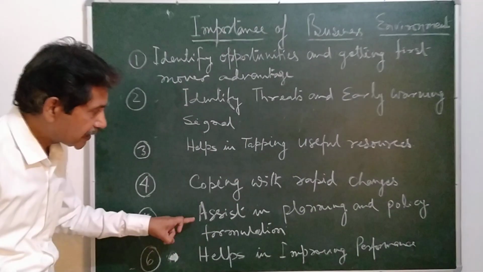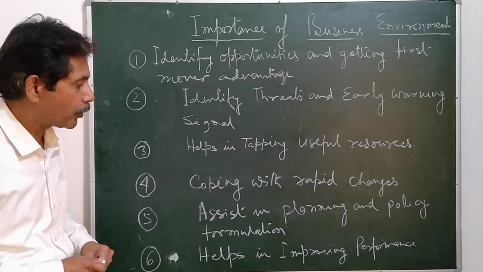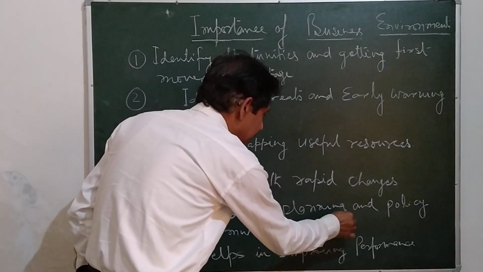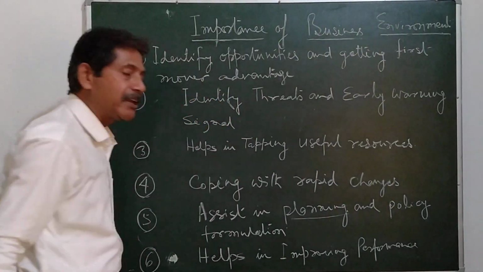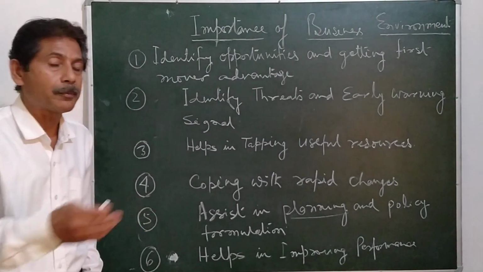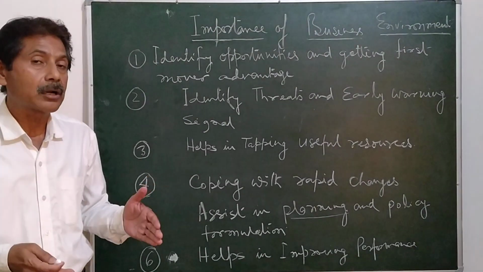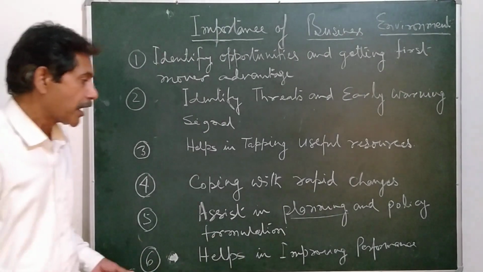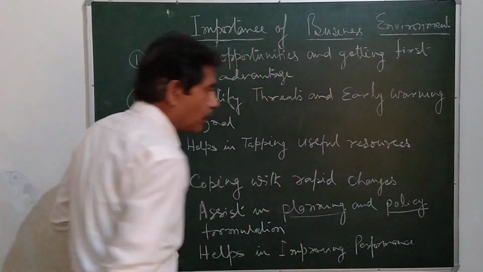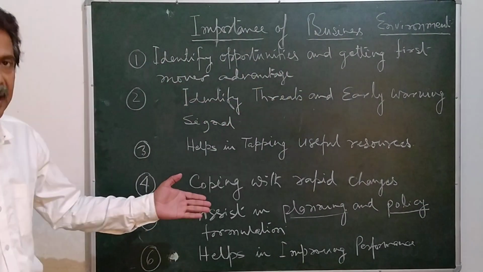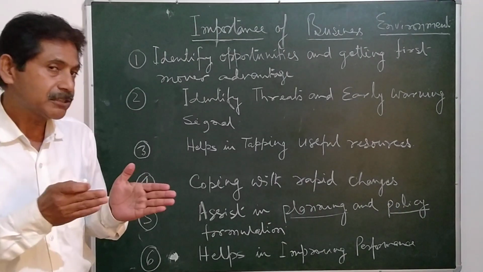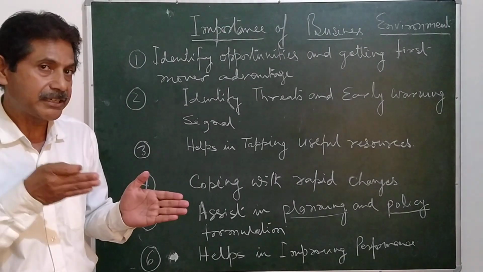Next point is assist in planning and policy formulation. As far as planning is concerned, planning means future course of action. What should be your future course of action? What action are you going to take in future? And policy formulation, in fact, policy is a part of planning. It is a guideline, and on the basis of the guideline you have to proceed.